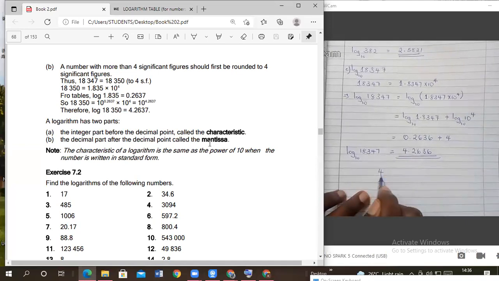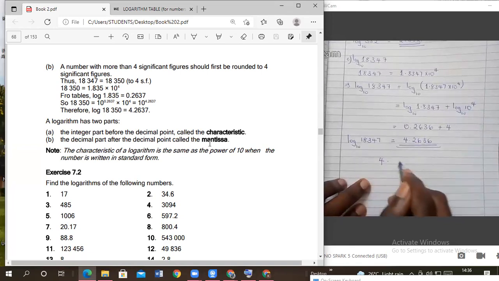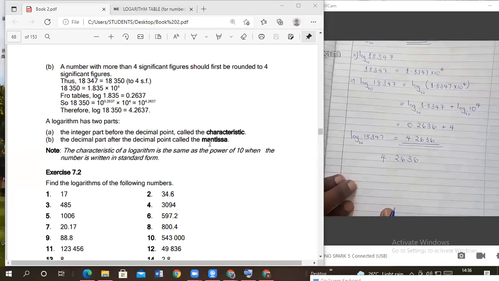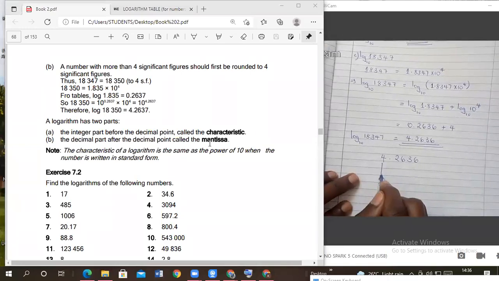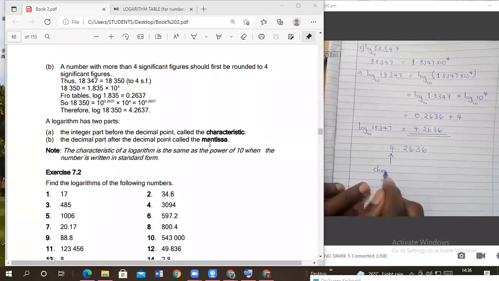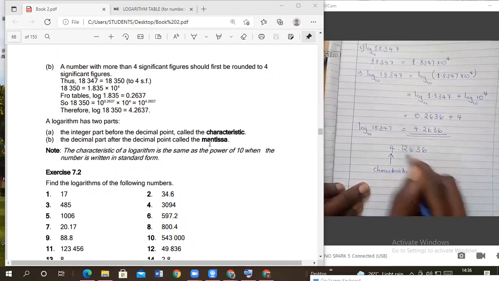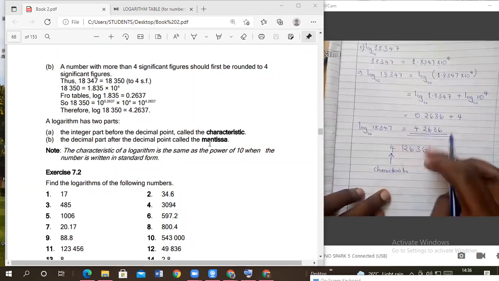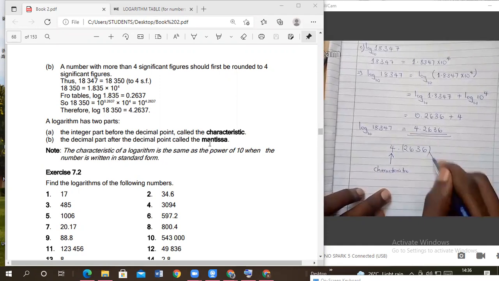So I have 4.2636. Let me write it big here. Are you seeing this one? That one is called what? Characteristic. Then the one that comes after the decimal point, all of that, is called what?